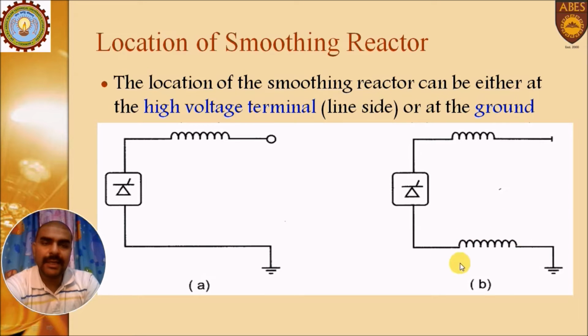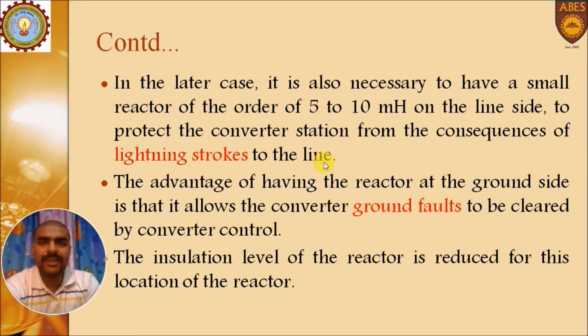But whenever we connect the inductor this way, a small inductance is required to be connected towards the line side also, and the reason for this connection is that it avoids the consequences of lightning strokes, and the value of that inductance is around 5 to 10 millihenry.